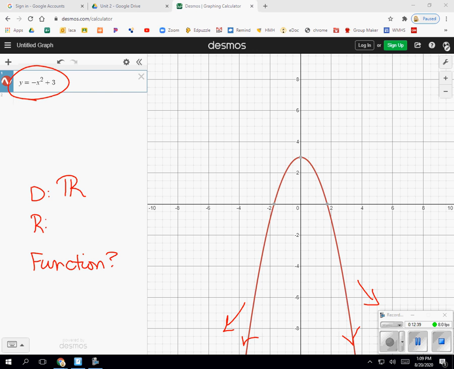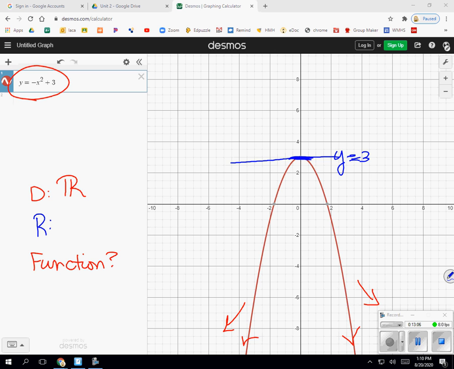Now the range is going to be a little bit different. My range has a limit. Okay, it goes to a certain y value, and then it stops and changes direction, and that place where it changes direction is right here at y equals 3.